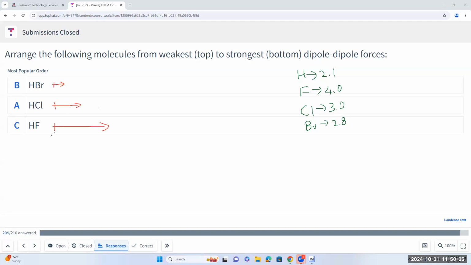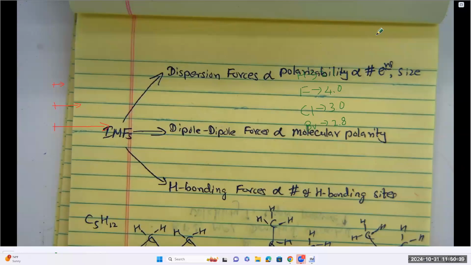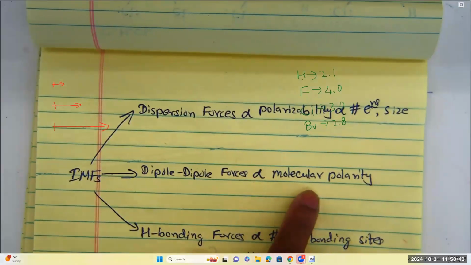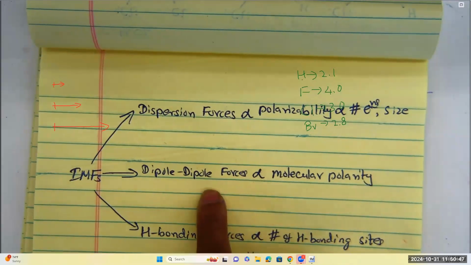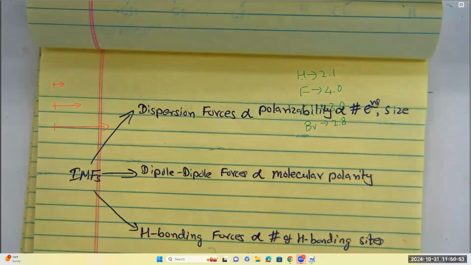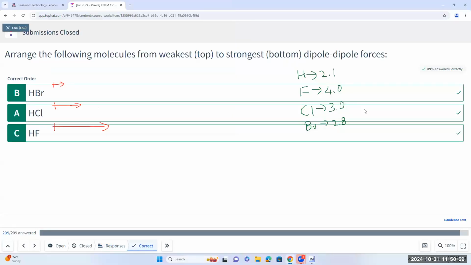Okay, so we know the dipole force strength depends on the molecular polarity. HF has the greatest molecular polarity, therefore the strongest dipole-dipole forces, and HBr has the lowest molecular polarity, therefore it's going to have the weakest dipole-dipole forces. And that's the idea behind the most popular answer here.